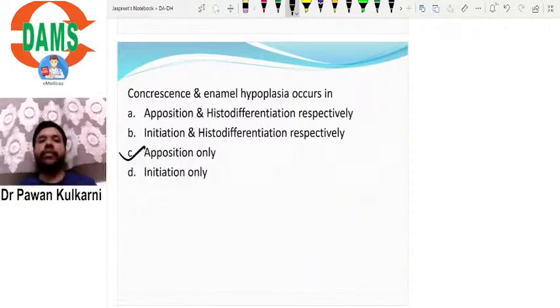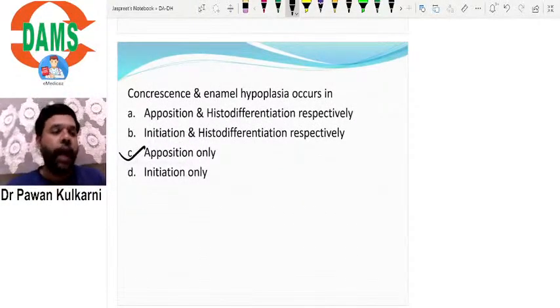What is concrescence? It is where the roots are fused: the cementum of two teeth is fused. Enamel hypoplasia we also know. In both of these, the basic defect takes place in apposition.